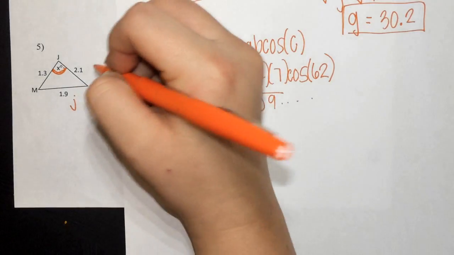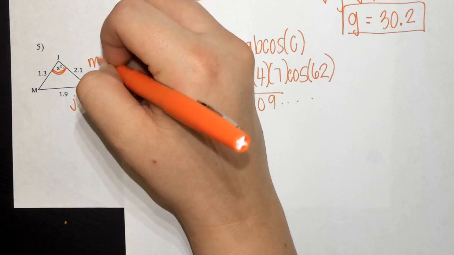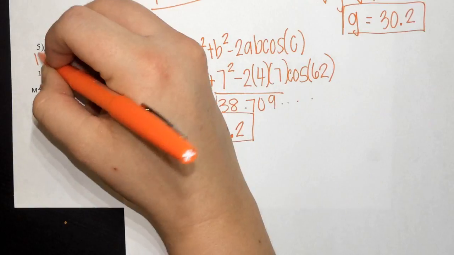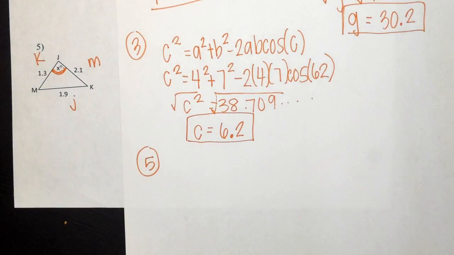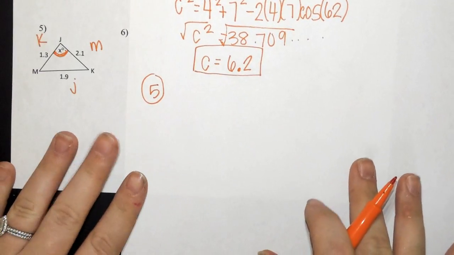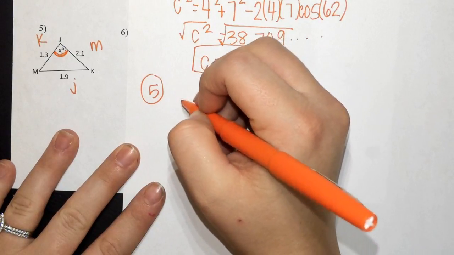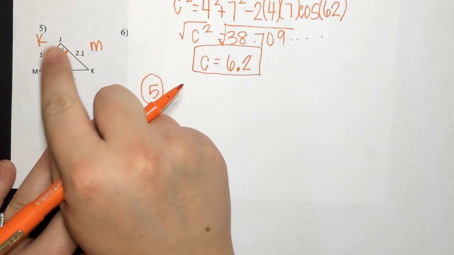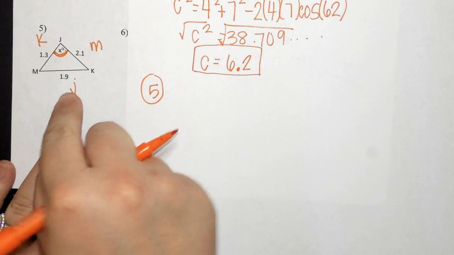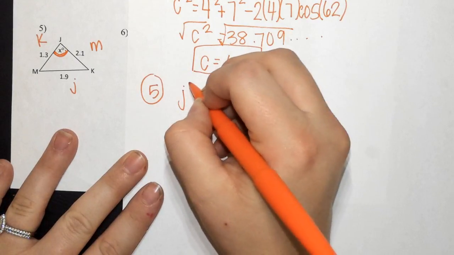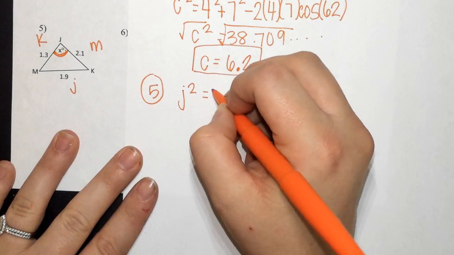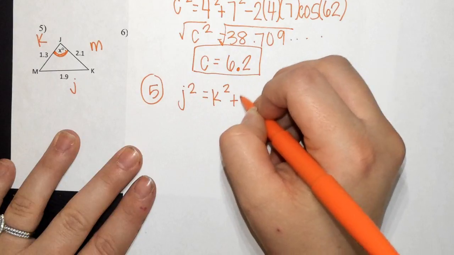J. What is 2.1? And 1.3? Okay, so you just told me that if I'm solving for angle J, I have to start with angle J. Very true. So J squared equals, this order does not matter.